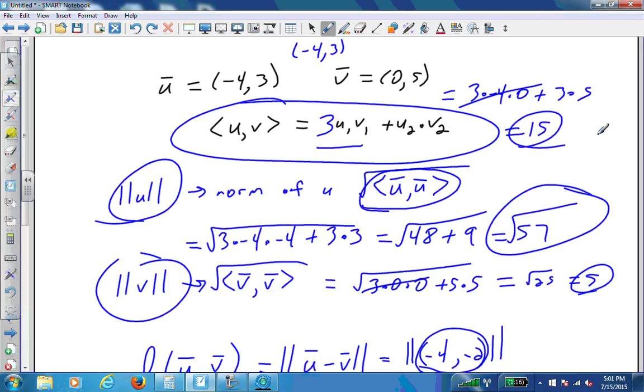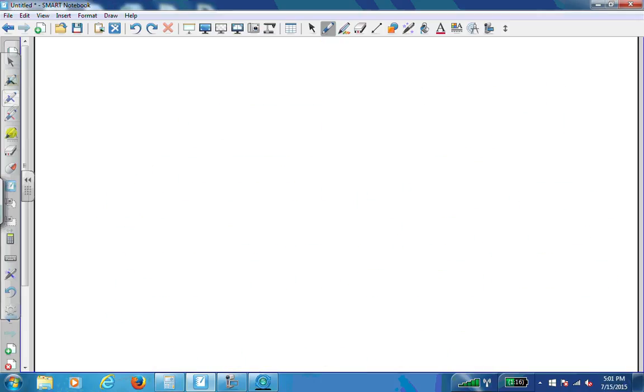Now, if we wanted the angle between those two vectors, so let's see, our vectors u and v were (-4, 3) and (0, 5).